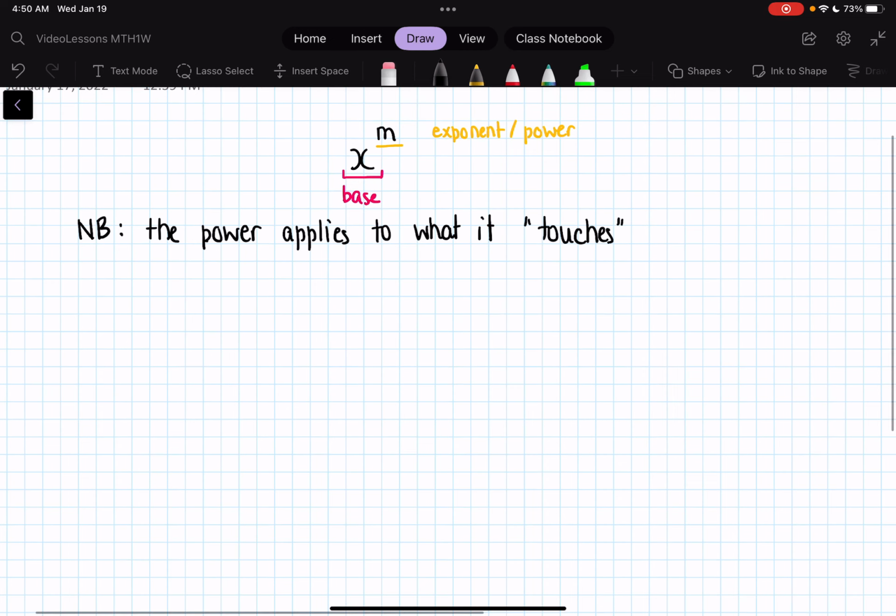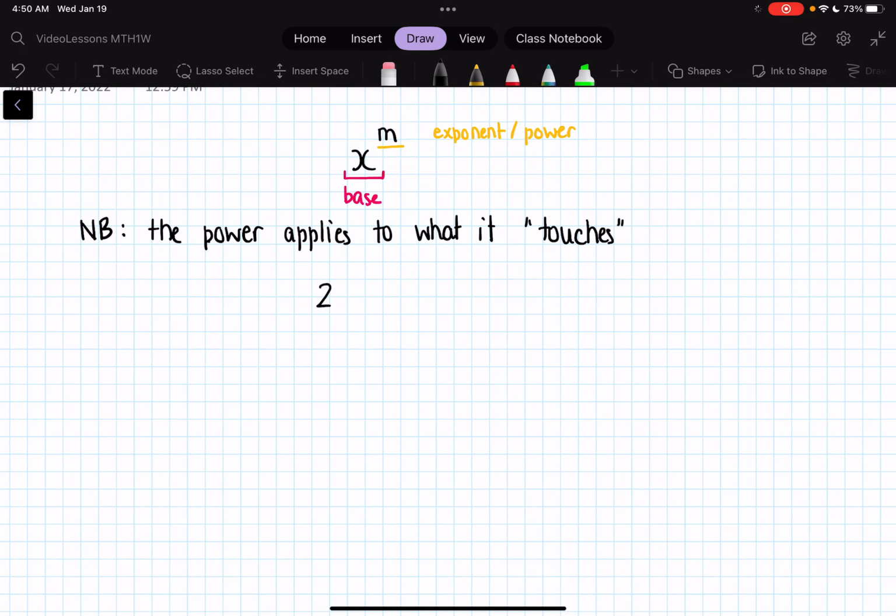So to help you understand what we mean by that, when you see this, this 4 is only touching the x, okay?